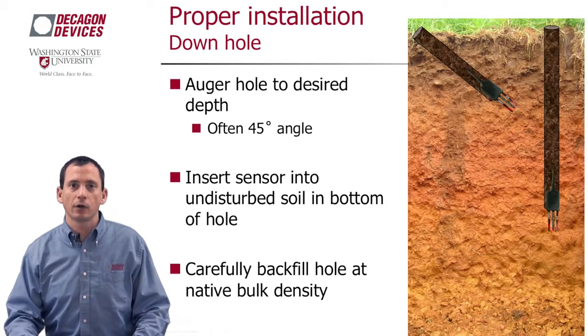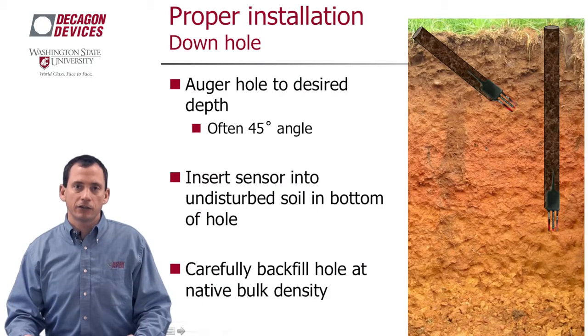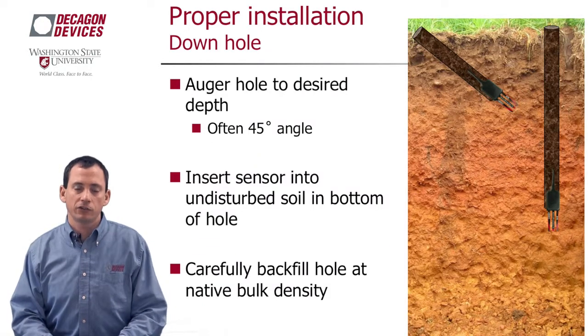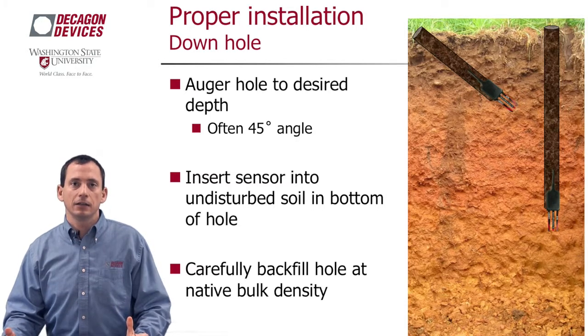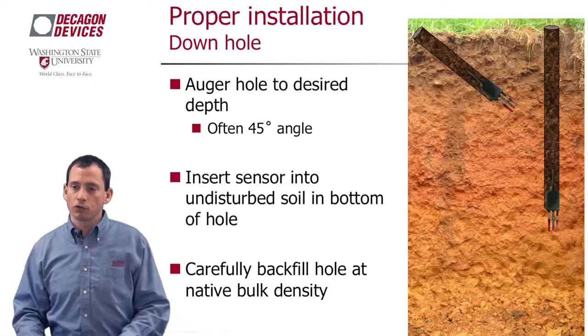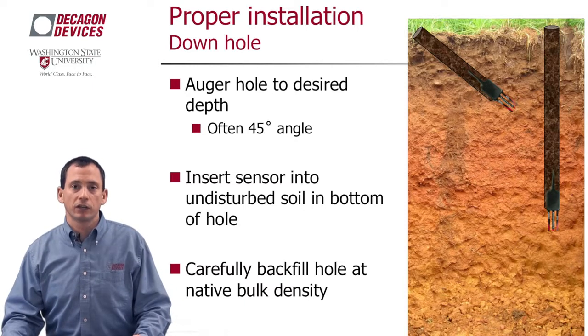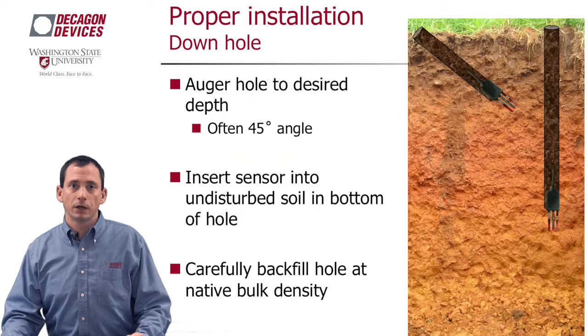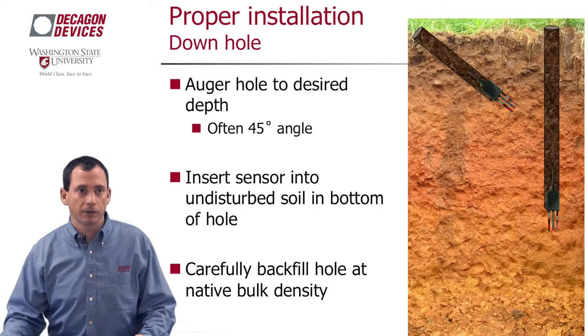You can see on the right side, this is a vertical installation, and that installation is the easiest in terms of effort because your hole doesn't have to be as long, but it does open the possibility of preferential flow above the sensor coming down to the sensor, and also you certainly have disturbed the soil immediately above the sensor, which can give you some changes in the flow patterns above that sensor.